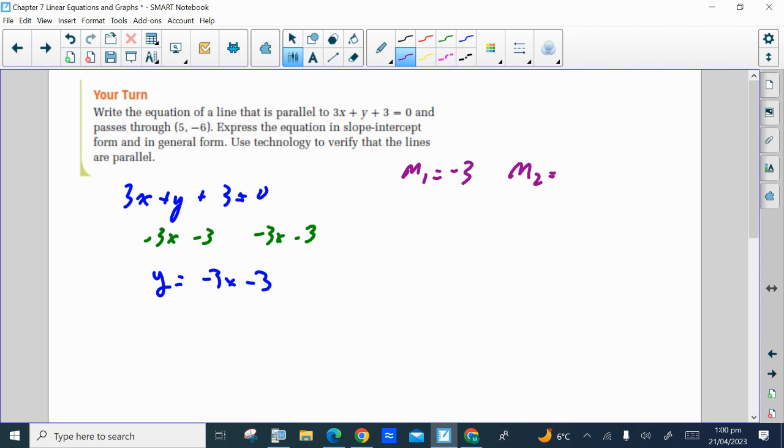That would only be true, and actually positive 1/3, if they were perpendicular, but in this case they have to be parallel. So the slopes must be the same. So we're looking for the equation of a line that has a slope of negative 3, and passes through (5, -6). Which we can do using point slope.